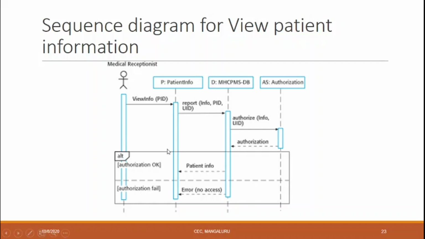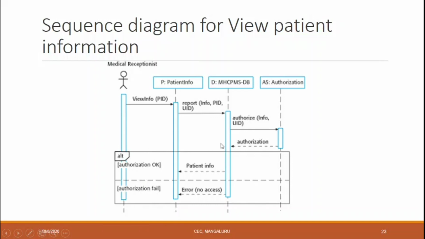Yes, this user is authorized for this action. If authorized, the patient information is returned and the user screen is filled in. If the authorization fails, then an error message is sent to the medical receptionist.